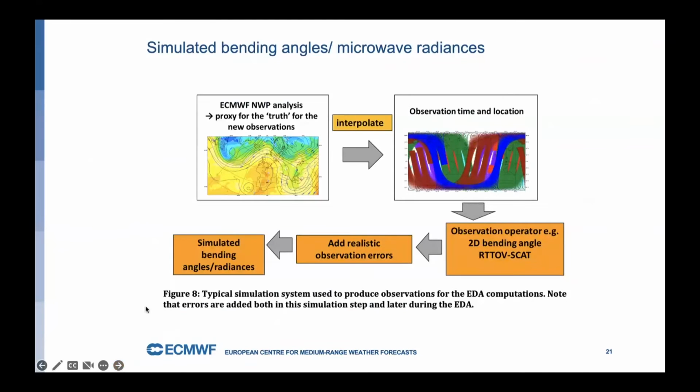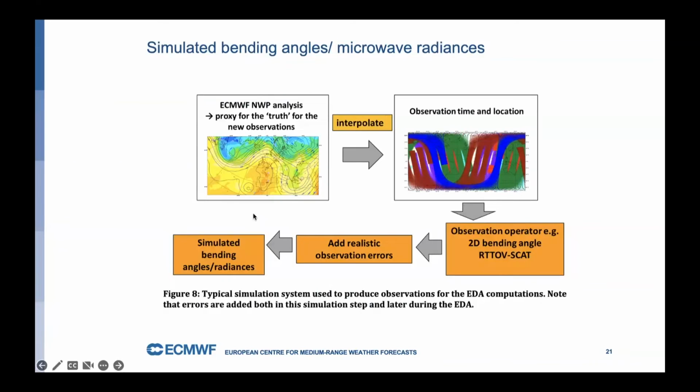So let's look at the impact on the EDA spread when we add simulated data. First, a few words on how we did this. How did we come up with simulated data, bending angles for the GNSS-RO, and microwave radiances for the microwave sounders?